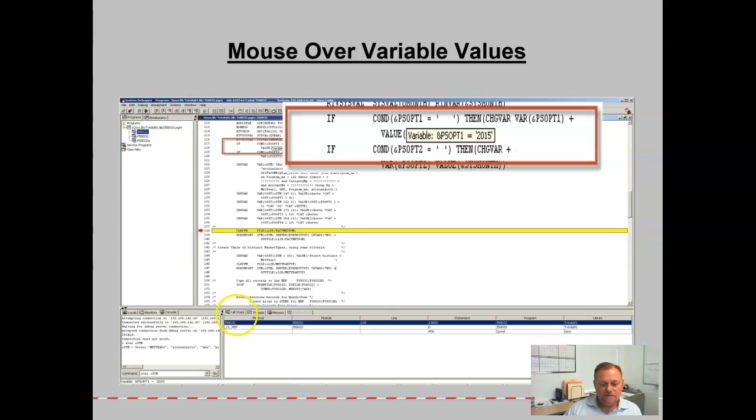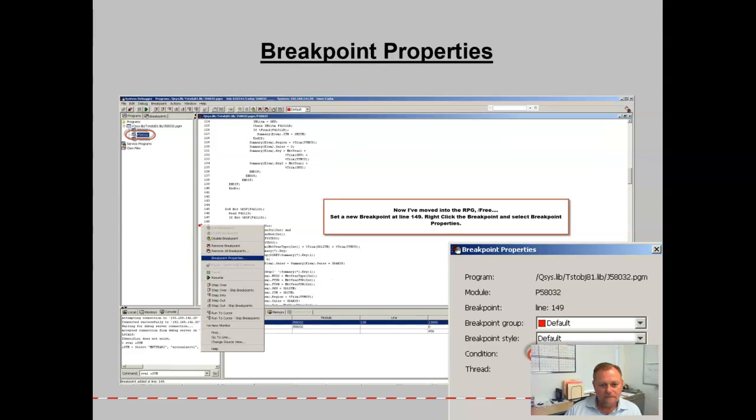You can mouse over different variables and see their values. You can do a right click and specify breakpoint properties. Certain conditions, if you wanted to see only a value when a given date or a given customer, etc.